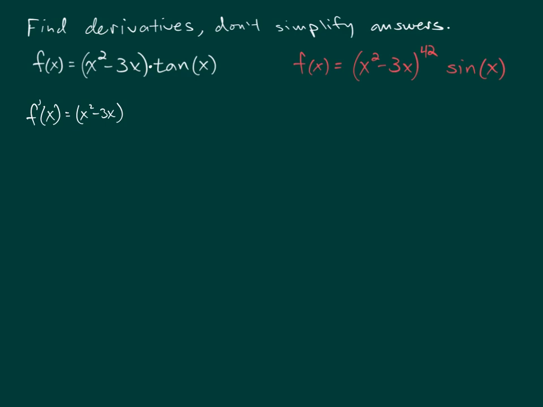The derivative of tangent is secant squared, plus the second function times the derivative of the first, which, using the power rule, will give us 2x minus 3.